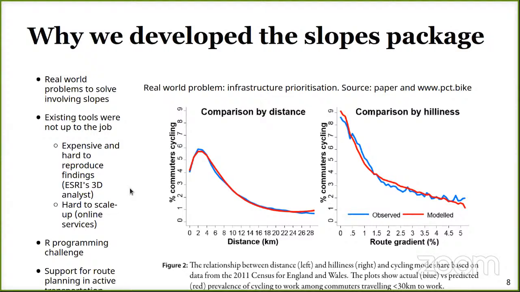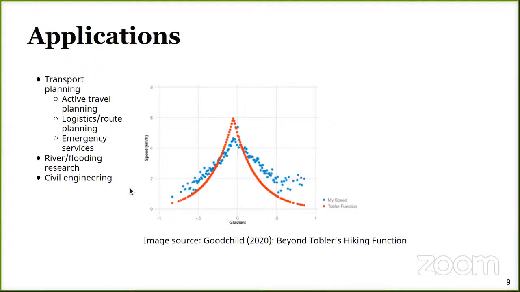So we wanted a free and open source solution, and we had a look, and we simply couldn't find a solution that met our needs. So this sounds like an ideal R programming challenge. We both love geospatial data, and we decided to look at this and try and provide something that could do it.